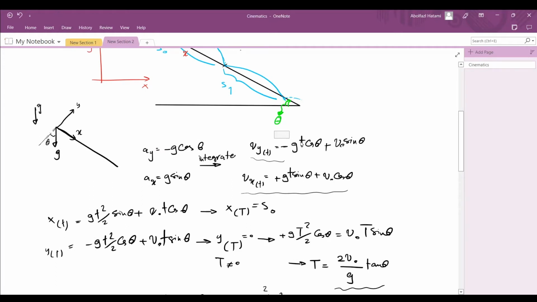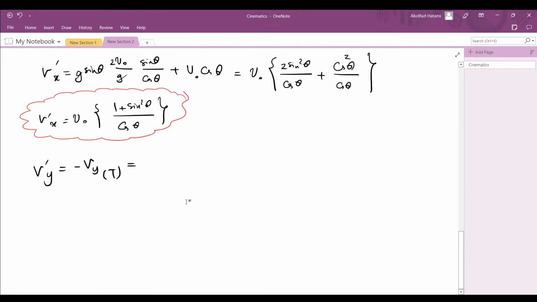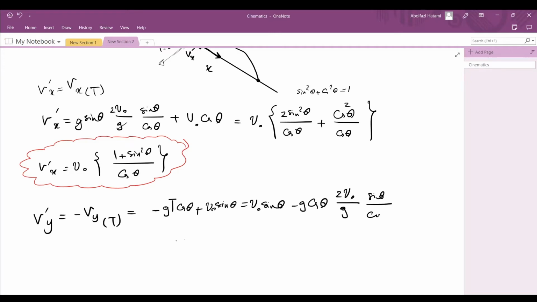Let me copy this, paste it here. Okay, but this is capital T. It is v0 sine theta minus g cosine theta times capital T, which was 2v0 divided by g sine theta divided by cosine theta.